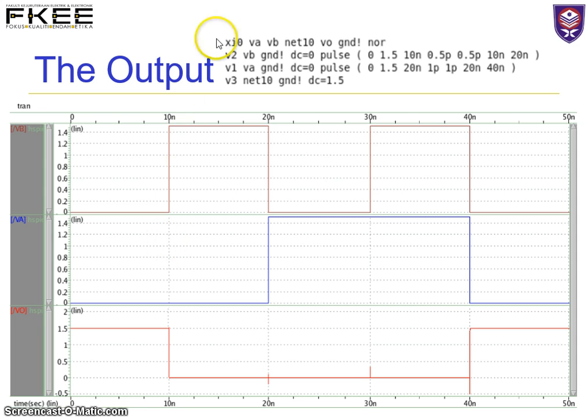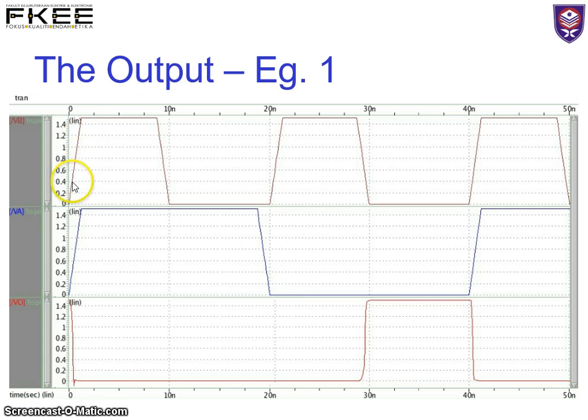Similarly for A, the delay is 0, the pulse width is 20 nano, and the period is 40 nano. My rise time and fall time is in pico, but the period is in nano. But if I increase the rise time and fall time, I have a slope over here. And for this one, I didn't use a delay, so it starts from 0. With inputs 0, 0, the output is 1, so it is the correct answer for the NOR circuit just now.